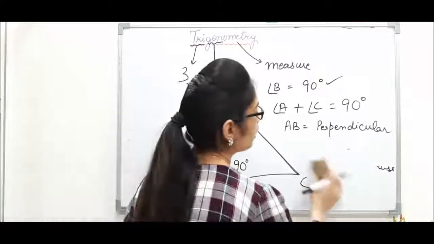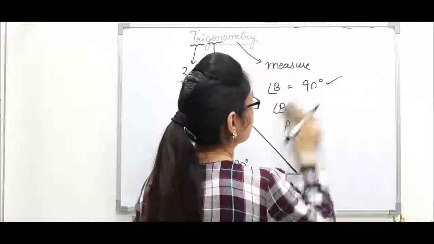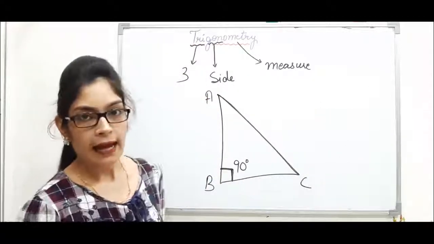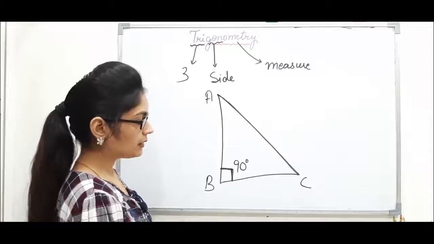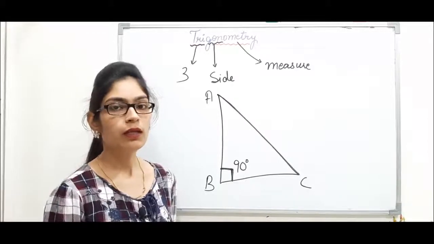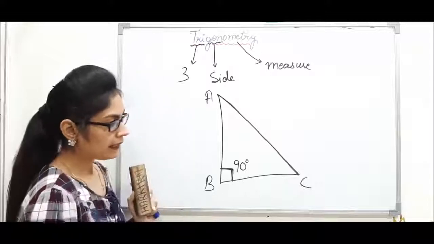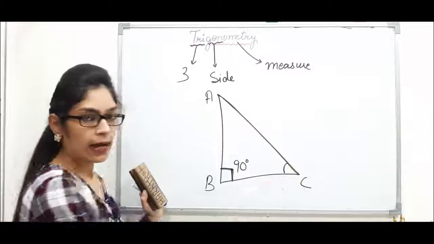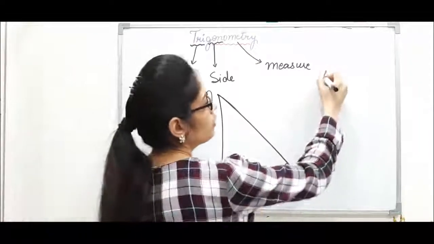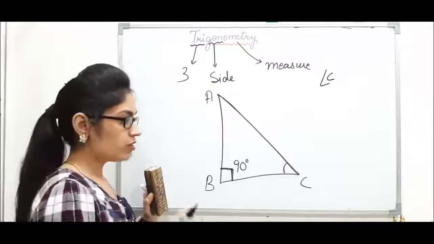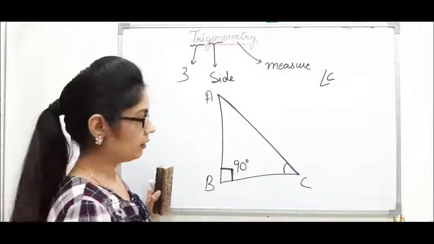But what about the other two? Base and perpendicular are subjective to the angle. They will keep on changing once we change the angle. I'll explain first by taking angle C as an example. With respect to angle C, we have to see which is our base and which is our perpendicular.